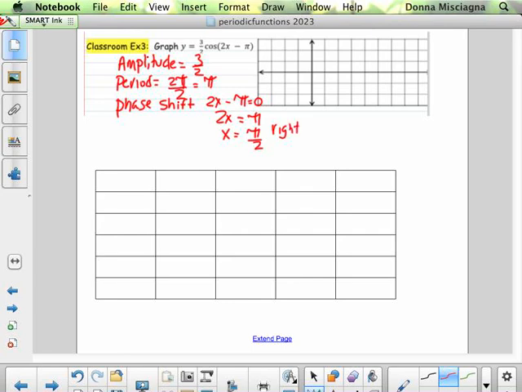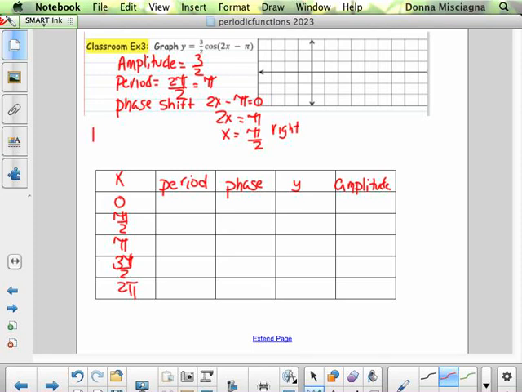All right, so we have x, and then there is a period change and a phase shift. Then we have y, and there is an amplitude change. So we'll write down the usual x values: 0, pi halves, pi, 3 pi halves, and 2 pi.